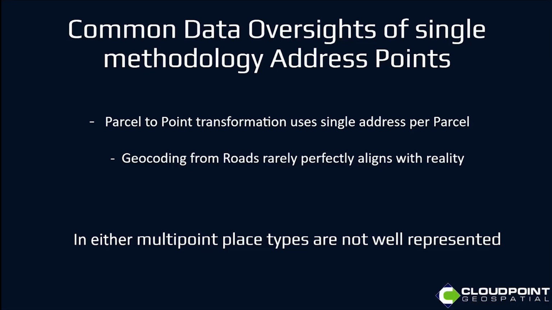That would greatly increase your data accuracy. But what I want to focus on here, to bring back in the subaddresses, are multi-point place types. Because in either of these automated placement methodologies, multi-point place types are not well represented.